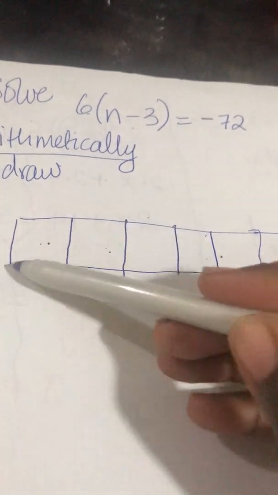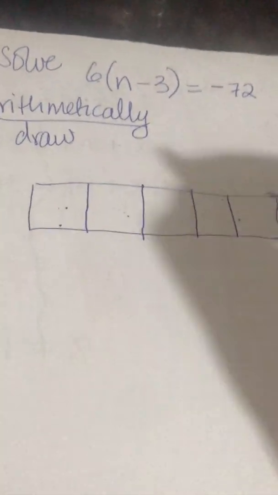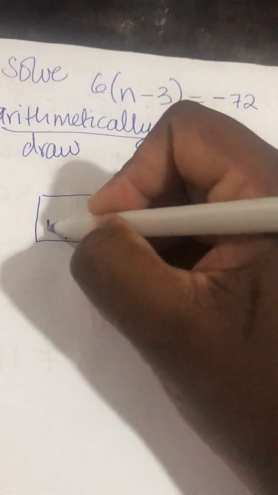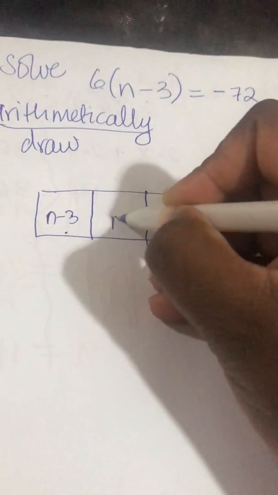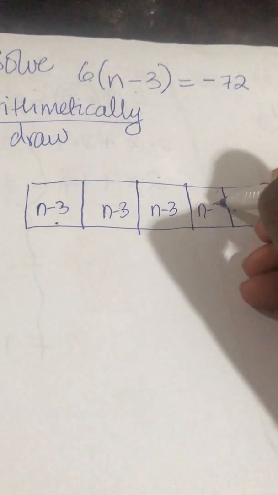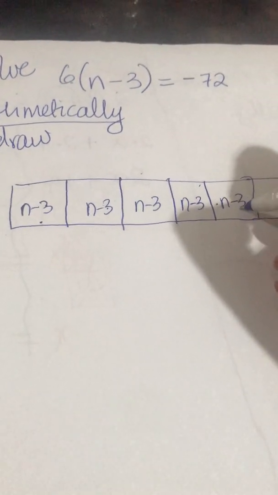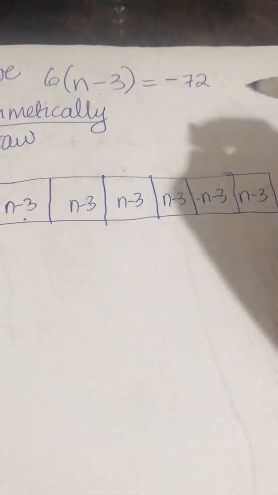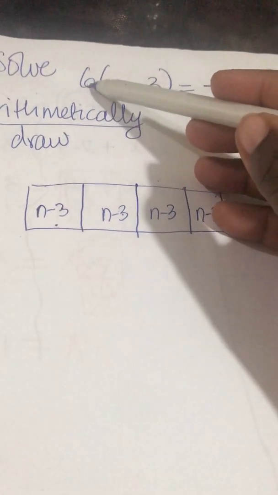Then inside you will write n minus 3, n minus 3, n minus 3, and so on. You're drawing 6 because of this coefficient.